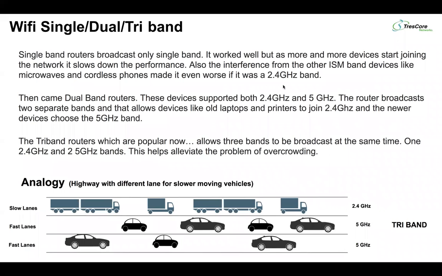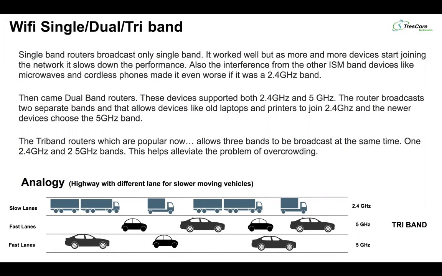The other concept that you would want to understand is that nowadays routers come with multiple bands. When you're buying a router, you'll see single-band, dual-band and tri-band routers. All of those have popped up these days, right? Single-band routers broadcast only one band.